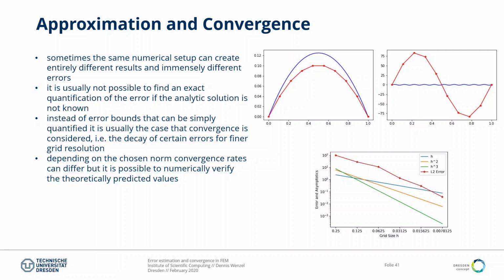Instead, what's usually done is you talk about convergence, so how fast the error is decaying if you consider a finer grid resolution. And we have seen that this convergence rate depends on the chosen norm, but it's also in any case possible to numerically verify those theoretically predicted values by doing this type of convergence study, plotting it logarithmically alongside the asymptotics, and then we could see all of this.